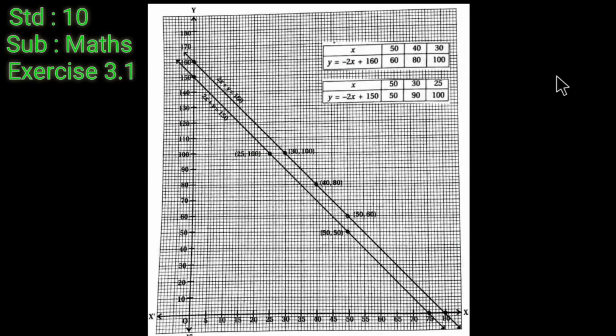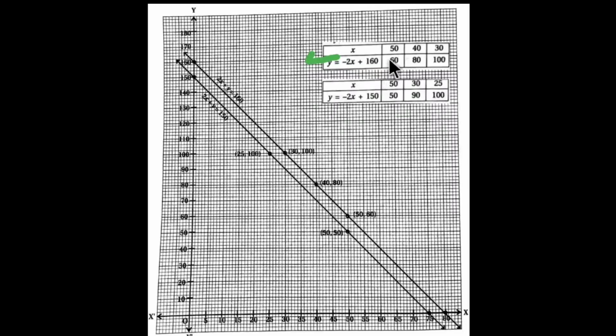Now in question number 3, we are making the solution table. The first solution table is for the equation 2x plus y equals 160. If we take the value of x as 50, then the value of y equals 60.